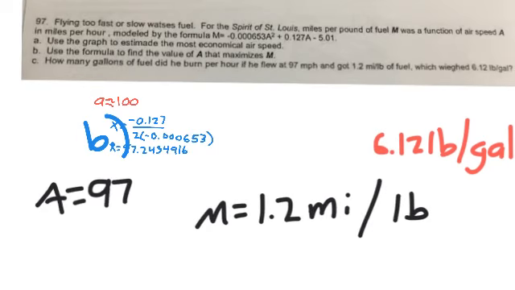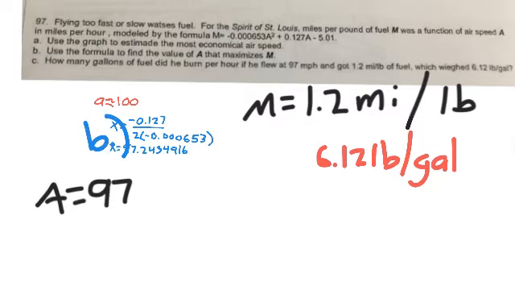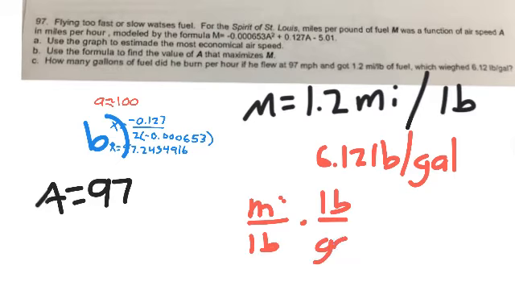Okay, so if I look at these two values, M being miles per pound, and this weight being 6.12 pounds per gallon, if I multiply those units together, that's miles per pound multiplied by pounds per gallon.